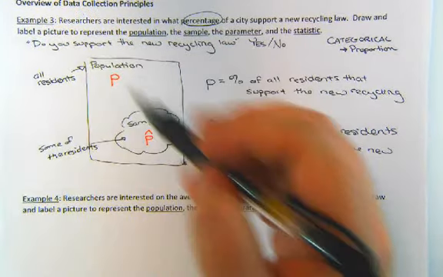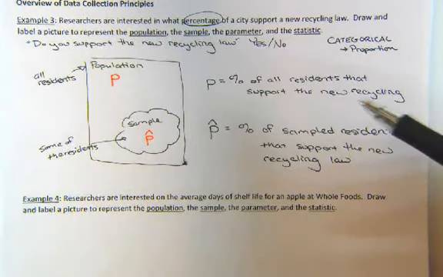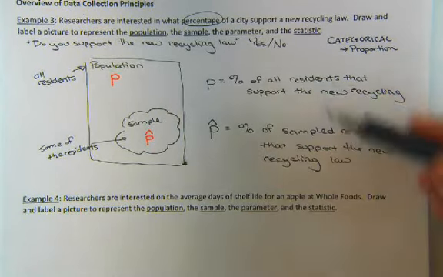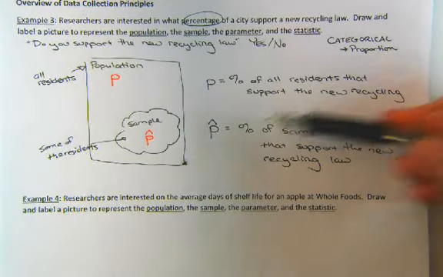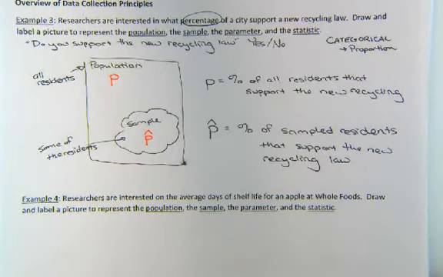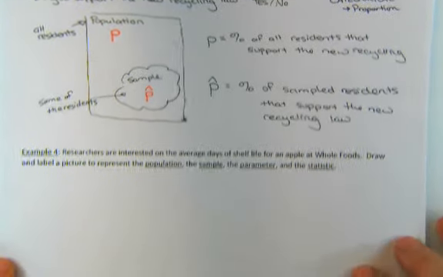So that's how we can see the difference between population versus sample, and describing the same percentage of residents that support the new recycling law. Is it just the percentage of all, or just the percentage of some? And that will change our notation.